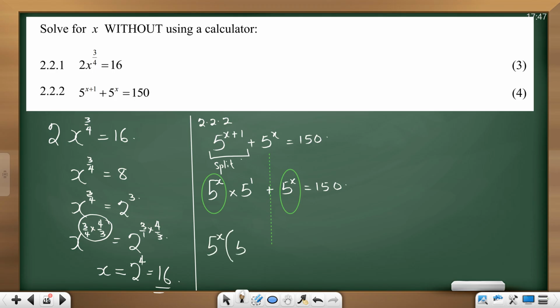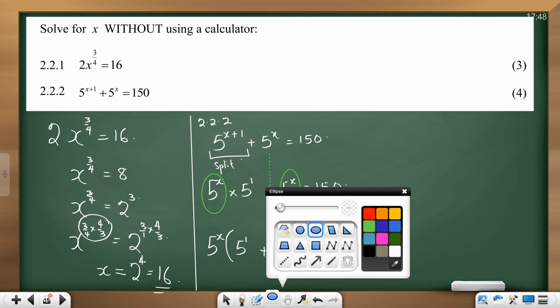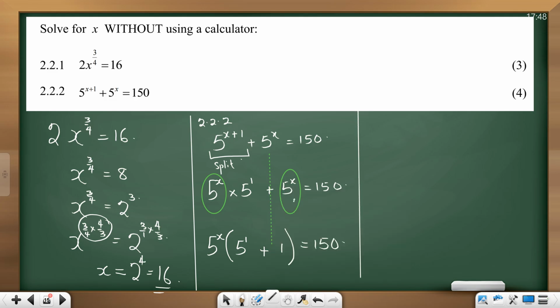Now, in brackets, if I take out this 5 to the power x, I must replace that space with 1. Please, not empty. It must be 1. That's where learners also lose it. So 5 to the power x multiplied by 6 equals 150, so 5 to the power x equals 150 over 6.